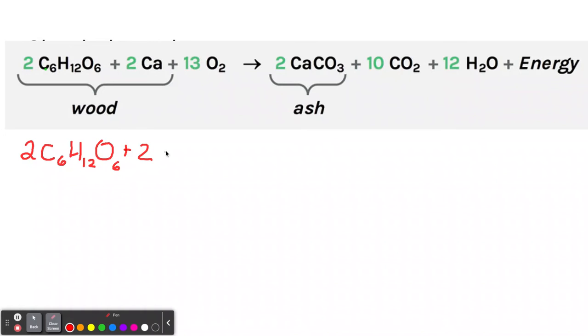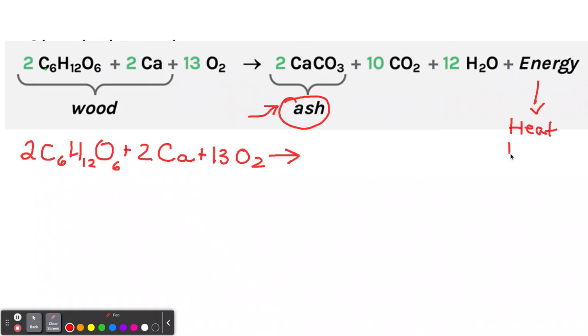Plus it has 2 of this, Ca, plus 13 of this. And it will yield this, as you're seeing here. It will yield ash, carbon dioxide, water, and energy in the form of heat and light.